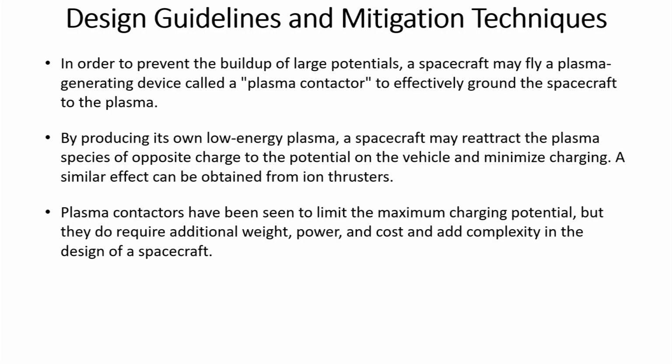But for that they require additional weight, power and cost, and add complexity to the design. So we will see that wherever it is absolutely necessary, you can control the plasma using this type of active device.